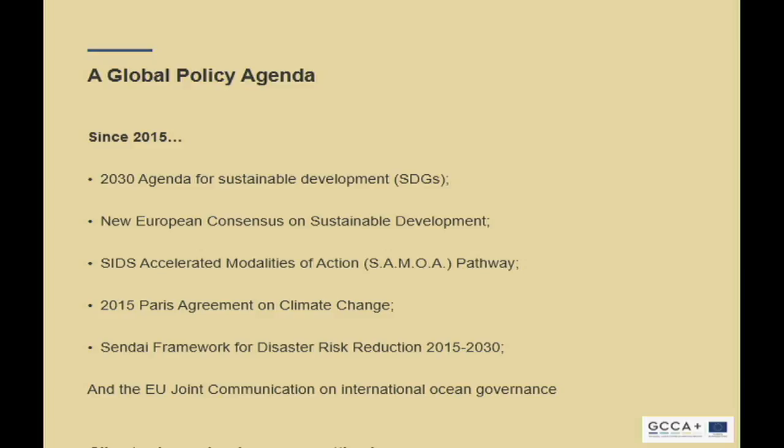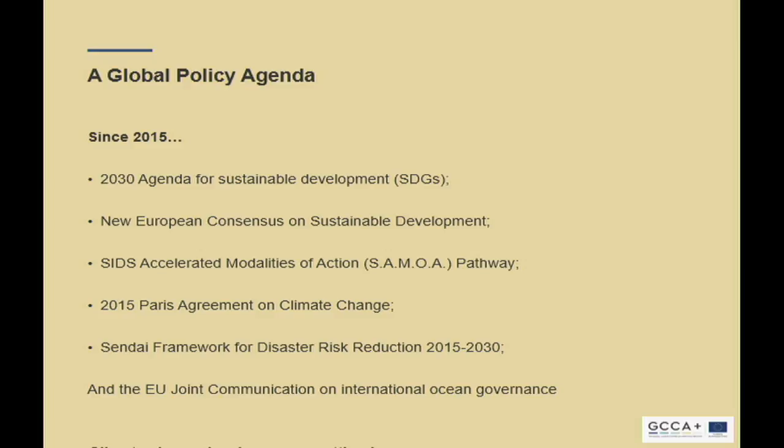Let's not forget the EU is also putting as a priority in the Development Cooperation Agenda ocean governance and ocean issues. As I said, we help the most vulnerable to cope. SIDS belong to this group of most vulnerable because of a number of reasons, including the topic of today, climate change.